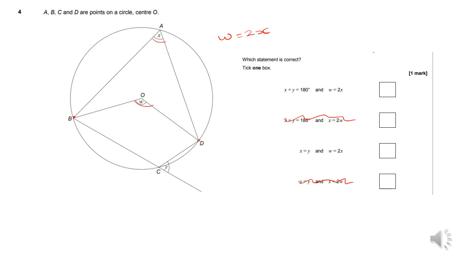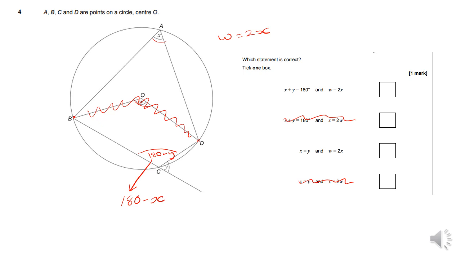Now, x add y equaling 180 is a bit of a strange one. If you think here, this needs to be 180 take away y, because you've got angles on a straight line. But also, if you ignore this line for a minute, you've got a cyclic quadrilateral. So actually, that would also be 180 take away x.